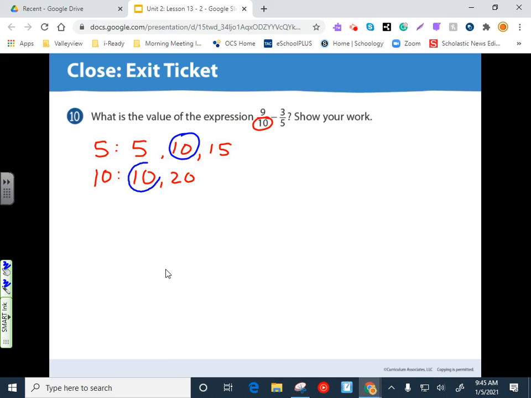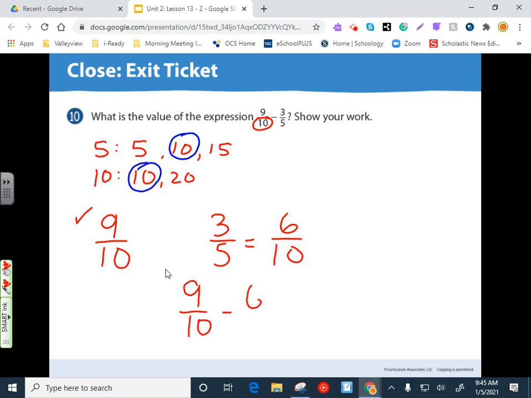So if one of your multiples is just the first thing that it is, you keep that one. So 9/10 just stays how it is. You leave that alone. 3/5 is the one we have to change with a 10th at the bottom here. 5 times 2 is 10. 3 times 2 is 6. So 9/10 minus 6/10 equals 3/10.